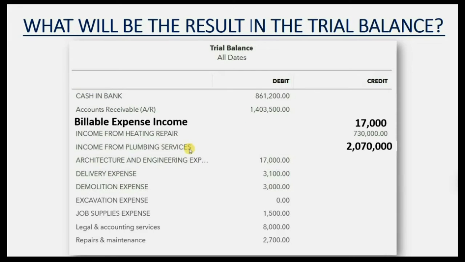And because the client is responsible for the regular income that's on the normal invoice that's billed periodically, plus the billable expense income, that means that accounts receivable will increase by the total of the invoice, $500,000 plus $17,000, and accounts receivable will become $1,920,500.